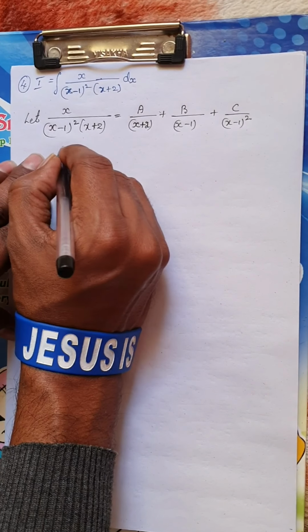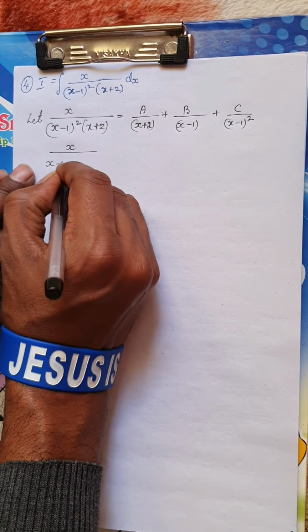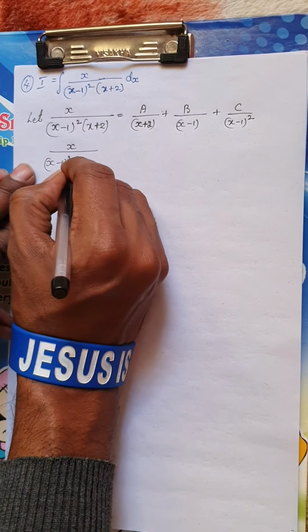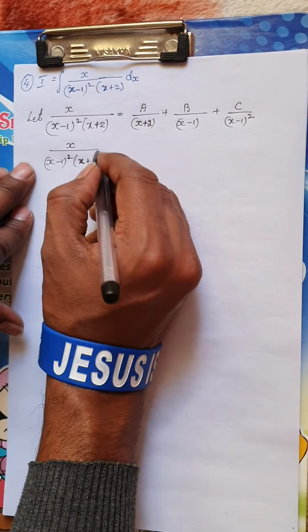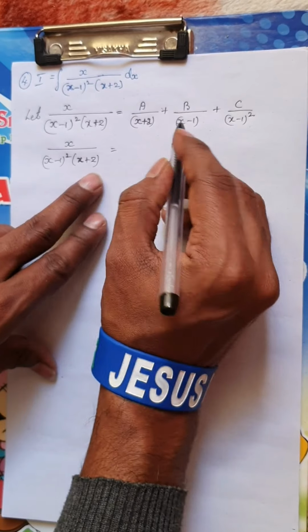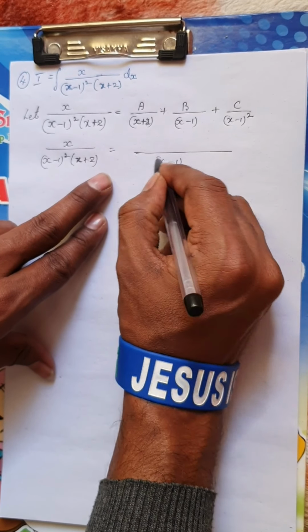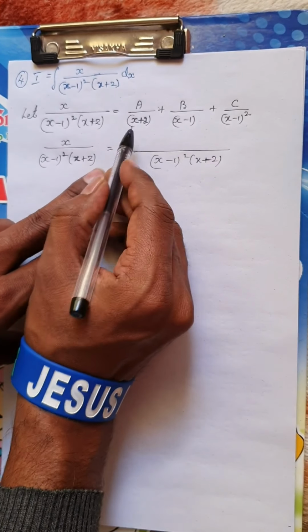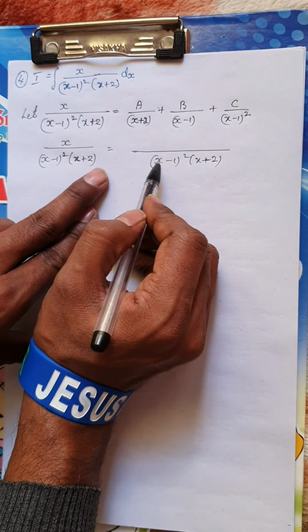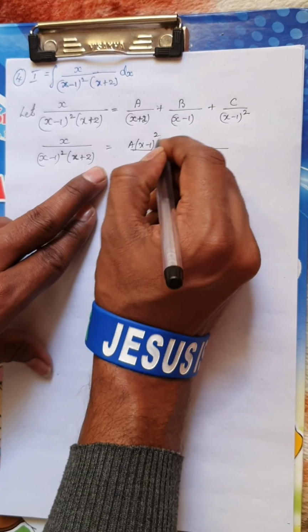Now taking the LCM, this is quite a lengthy procedure, but you do not have any other option. You have to do this method itself. No shortcut method for this. So x is equal to, if you take the LCM, definitely the LCM would be x minus 1 whole square into x plus 2. Now for a I already have x plus 2, so multiply a by x minus 1 whole square.